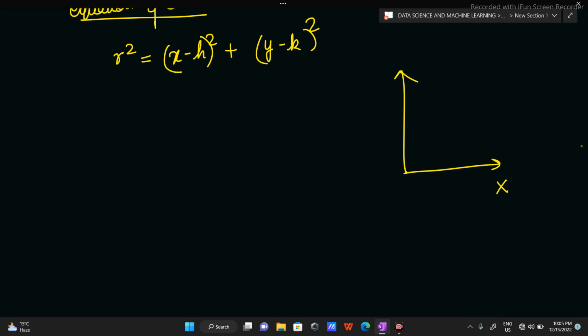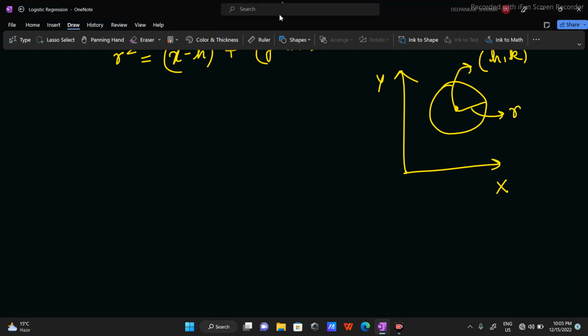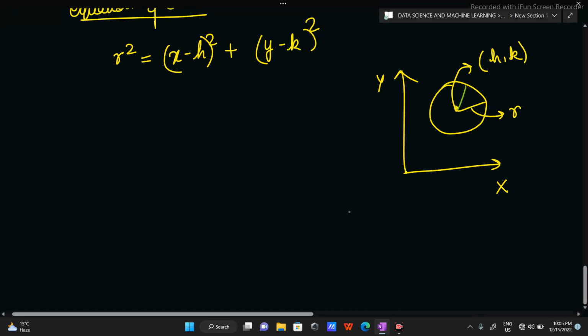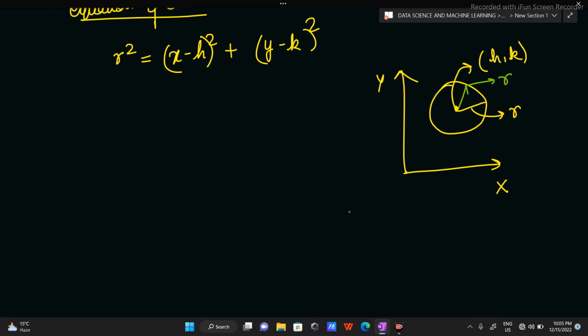See, suppose this is x, this is y, and I have a circle like this. Okay, the center of the circle will be h comma k, right? And this is r. So at any point in this circle, I will have hypotenuse as r, right? And then this. Okay, so let's say this point is x comma 0, and this point is 0 comma y, right?